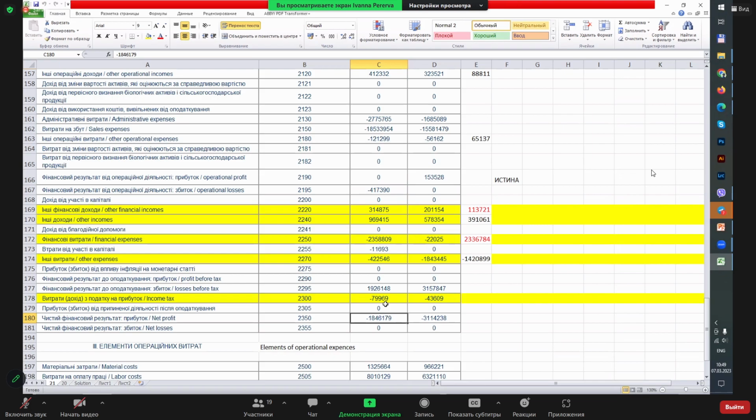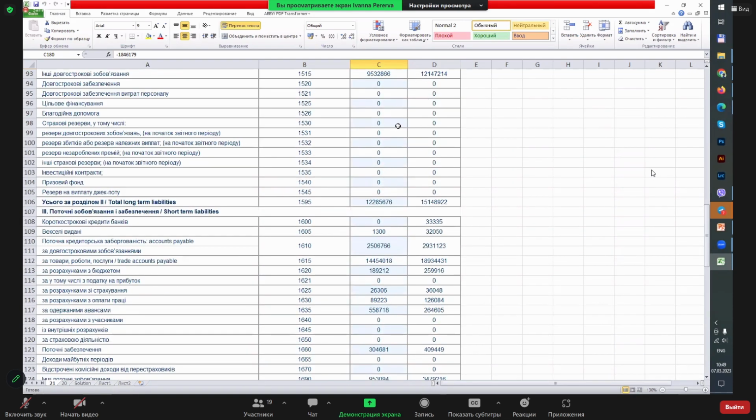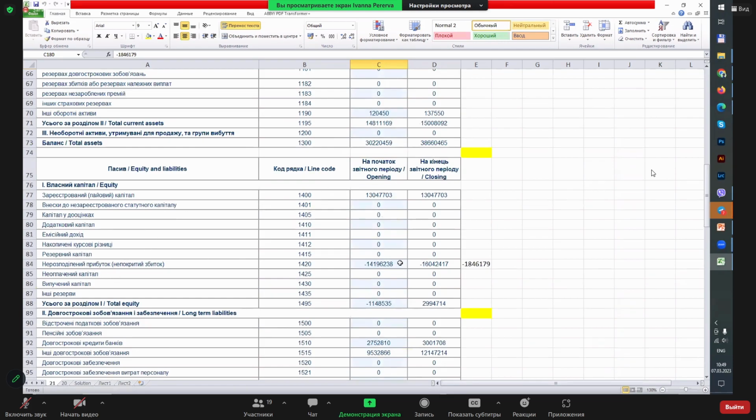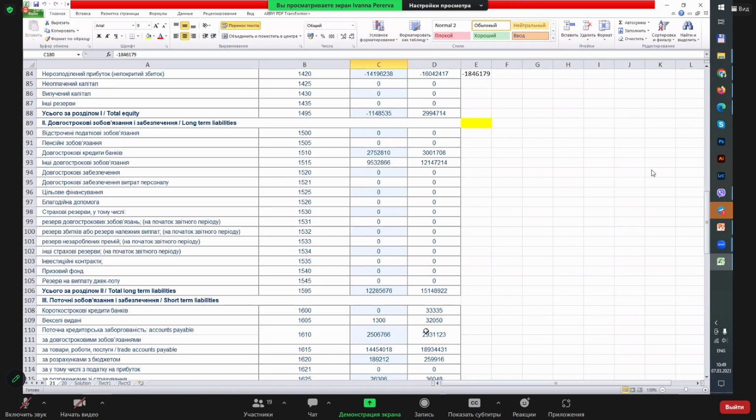Пізніше цей чистий прибуток, якщо ви вирішите його перерозподілити, потрапить у ваші liabilities, ваші пасиви. Нерозподілений прибуток потрапить сюди на наступний період. Інколи його перерозподіляють інакше: віддають кредити, гасять інші зобов'язання і так далі.